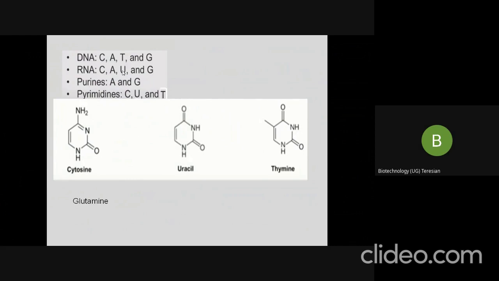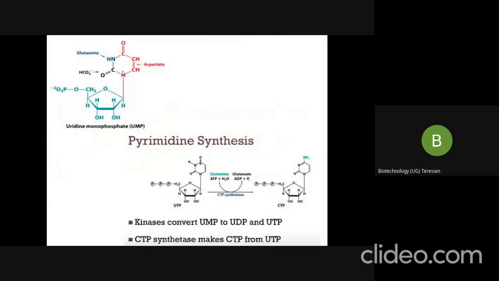So what are the raw materials that are required for the synthesis of the pyrimidine? We require glutamine, aspartate, tetrahydrofolate, and folic acid, that is your vitamin B9. So here I have shown an example of uridine monophosphate.